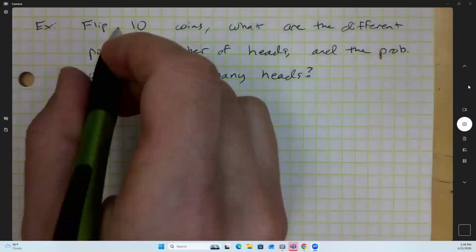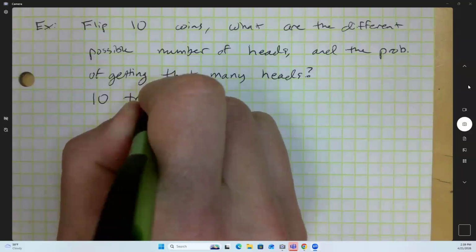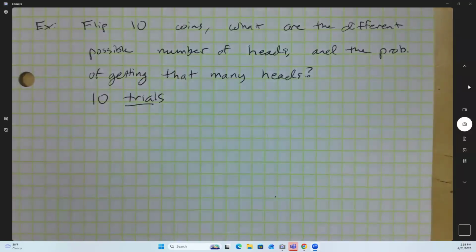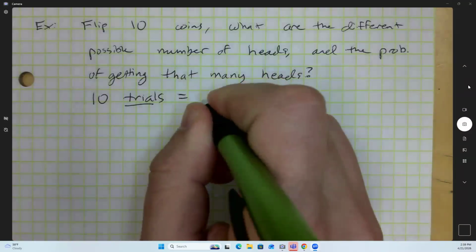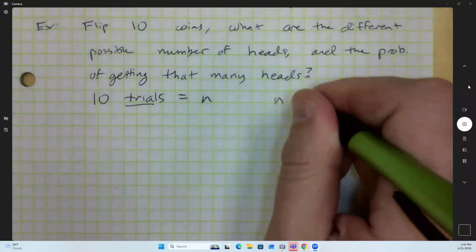So we have 10 attempts, but we're going to use the word trials. And we're going to give that a letter. We're going to say N. N is the number of trials.